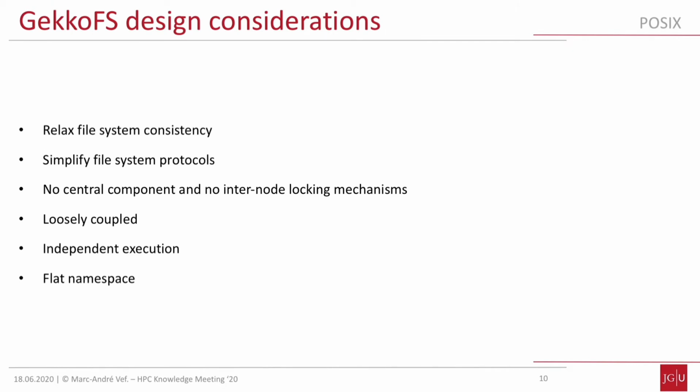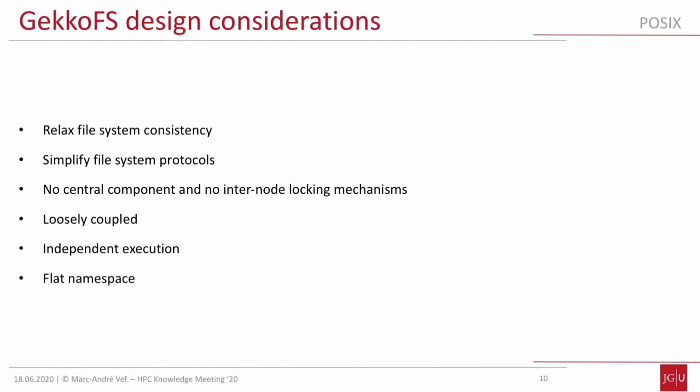Now I want to go into more detail about our design considerations. When we first designed GekkoFS, we looked into other file systems that provide strong consistency, and it was very clear that there are a number of disadvantages when strong consistency needs to be guaranteed.